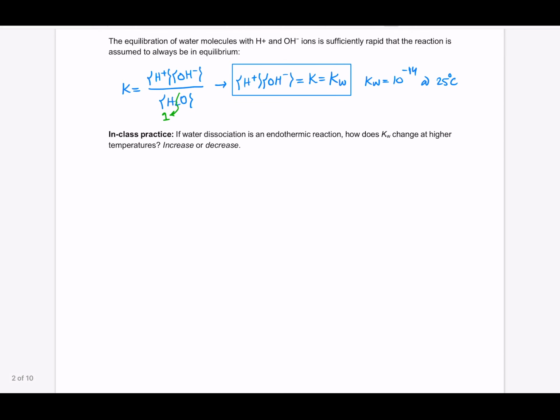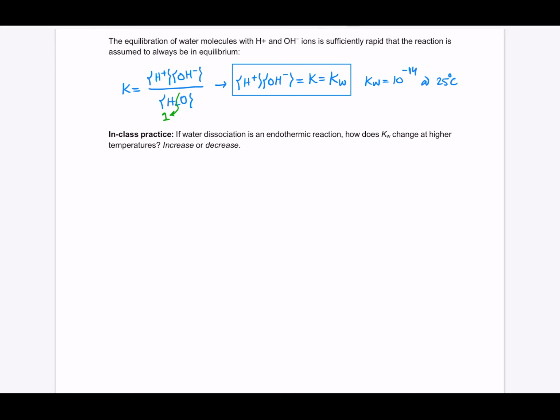So to quickly talk about the Kw as a function of temperature, the van 't Hoff equation we had. If water dissociation is an endothermic reaction, how does Kw change at higher temperature? Does it increase or decrease? Very simple question.